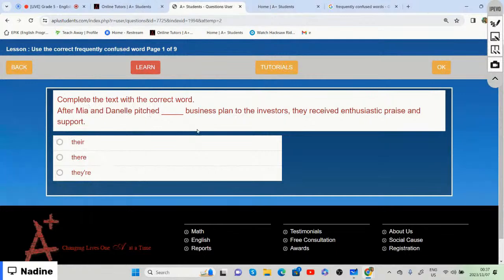Do we say their, which is the first one, there, or they're business plan to investors? They received enthusiastic praise and support. So, what is the correct word?